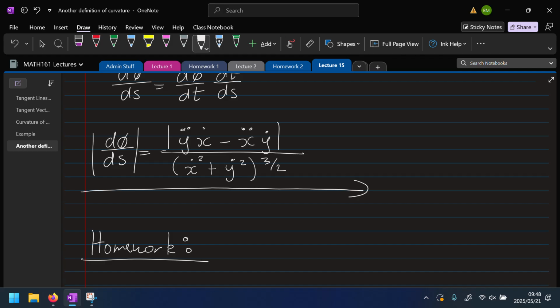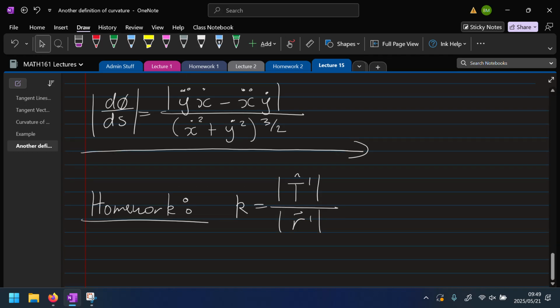So last thing for today, a little homework problem. What you're going to do for homework is start off with definition number 1 that we had and show that that gives you this definition number 2. So from number 1, you're going to put in your position vector as x i, y j, substitute everything in and try to get to the side here. I'll just rewrite it from what we had earlier. Remember the k, that was the length of T hat prime divided by the length of r prime.